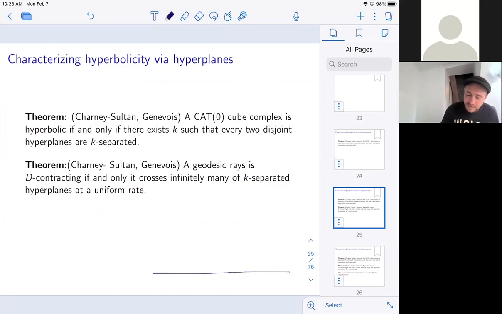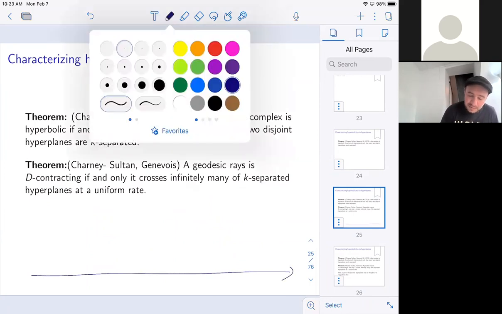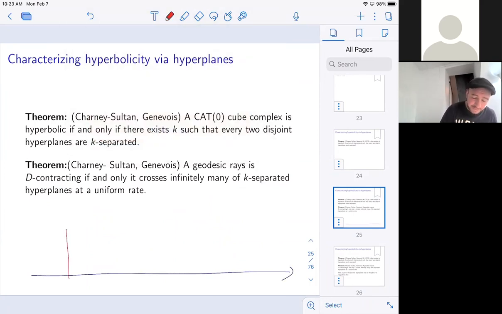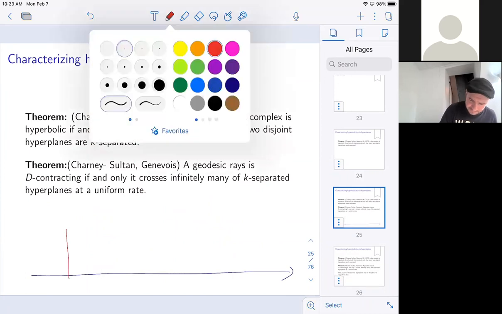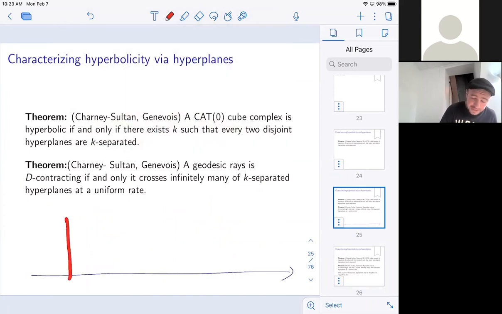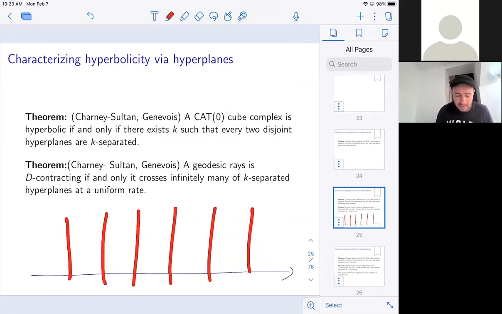So you have a geodesic ray, and it's contracting if and only if you encounter infinitely many pairs of separated hyperplanes, where how separated is uniform, they're all L-separated for the same L, and you encounter them at a uniform rate, say each time 3, you encounter a pair of L-separated hyperplanes. And that characterizes being contracting.